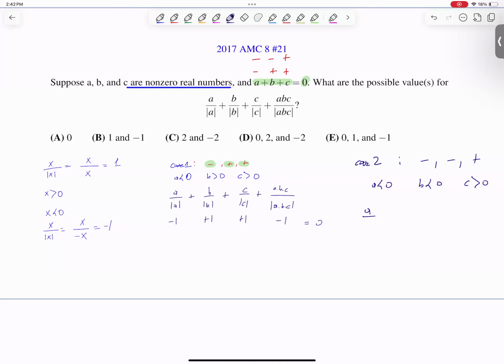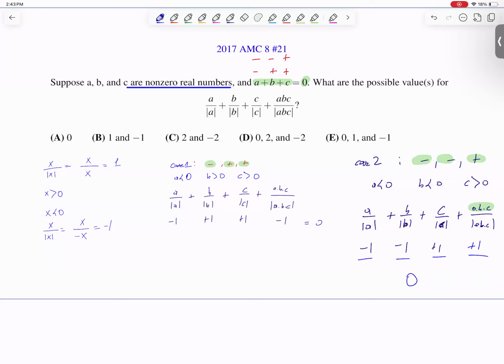Then A divided by absolute value of A is equal to negative 1, since A is negative, plus B divided by absolute value of B is also negative 1, since B is negative, plus C divided by absolute value of C will be positive 1, since C is positive, plus A times B times C divided by absolute value of A times B times C. Since we have two negatives and one positive, the product is positive, so this quotient will be positive 1. Overall, we have two negative 1s and two positive 1s, and the sum is again 0.